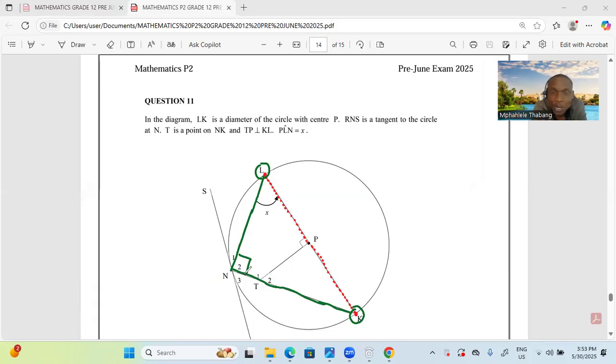This is what we call the angle subtended by the diameter, or the angle in the semicircle. So please, grade 12, whenever they give you the diameter, you have to look for the angle in the semicircle. In this case, the angle in the semicircle is 90 degrees.